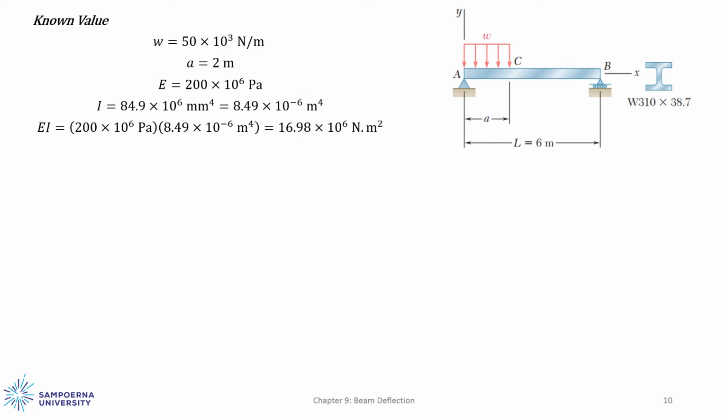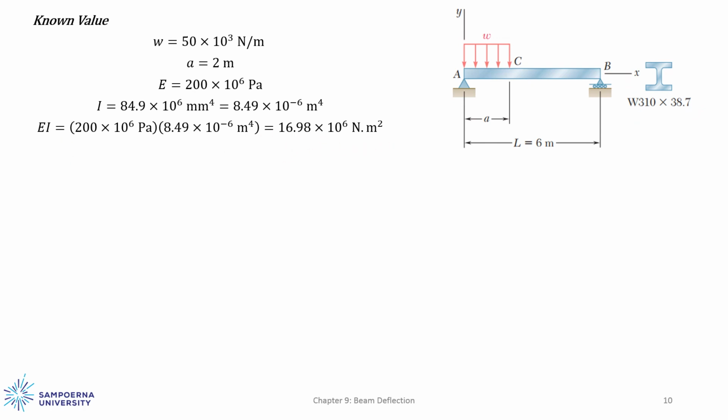Now, to solve the problem, we could apply the known values to our equation. Here, we already know W, the distributed force. We know the A, we know E, then we could know I from Appendix C using this beam shape. Then we get EI is this.